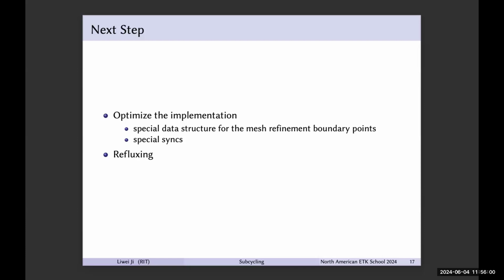Right now we're using general routines which contain not only the inter-process communication, but also the propagation between different levels. So sometimes during subcycling we only need one kind of operation, but right now we're repeating a lot of things.